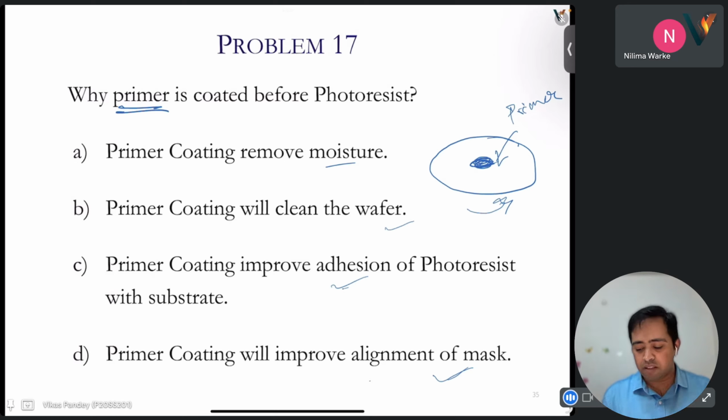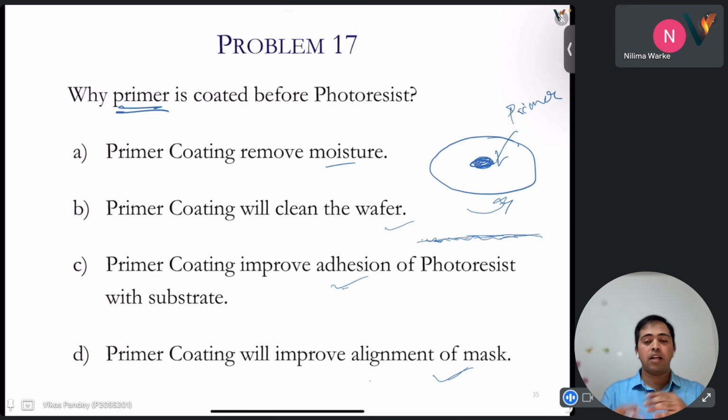we see the wafer as such, but there are small roughnesses there. If we put a very thin liquid over it, it can fill up and make the structure smooth. Using this, there are two things.